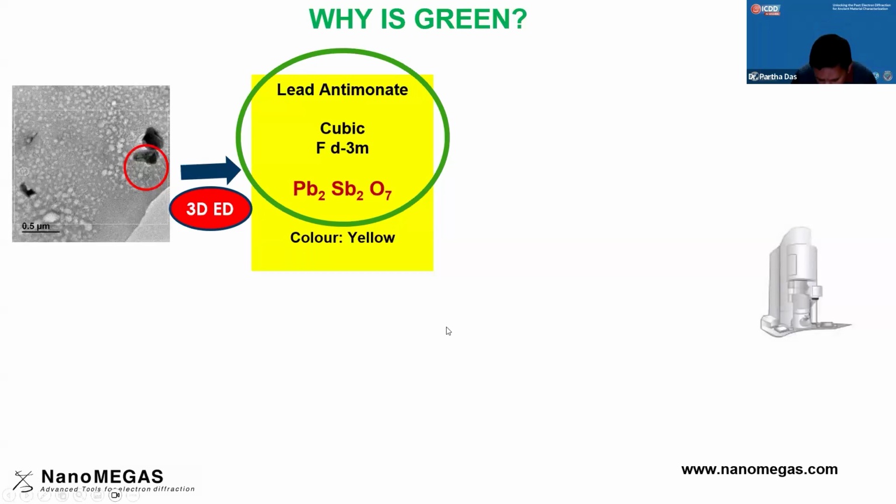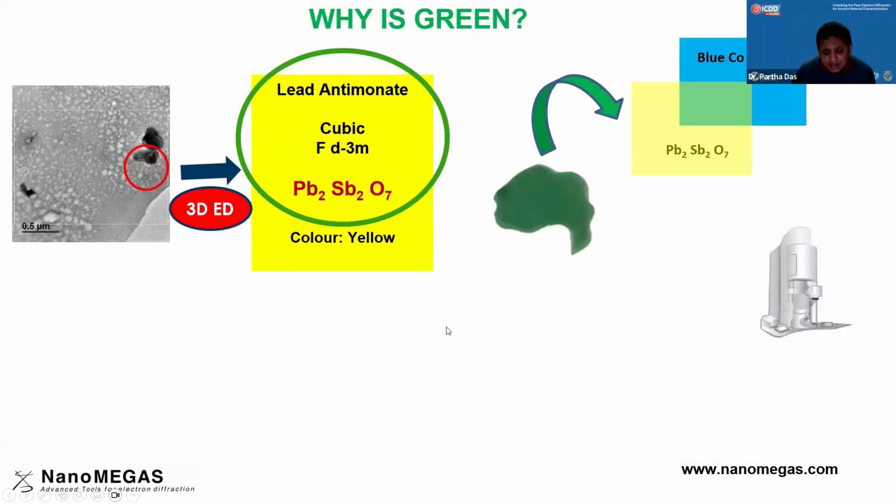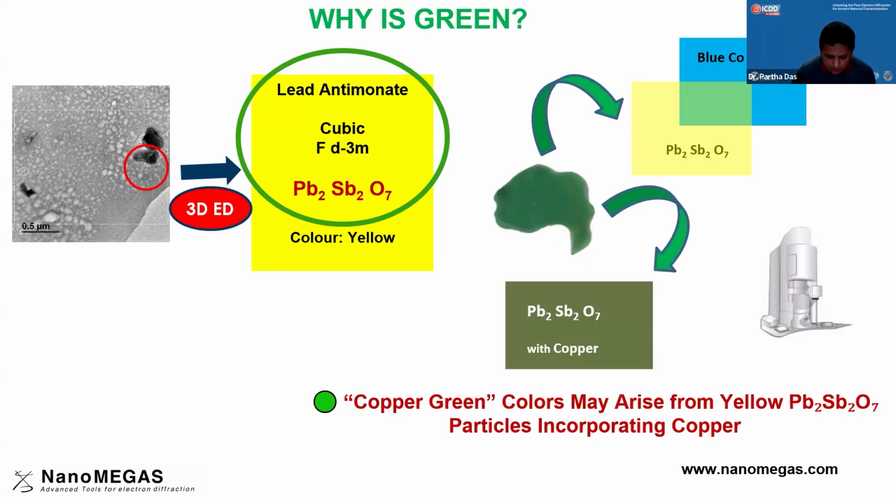Now, the important thing is why the color is green, because lead antimonate is actually yellow. So you have two assumptions. One is cobalt, which, as you have seen in the EPMA and also in the EDX, we detected. Cobalt may contribute blue.